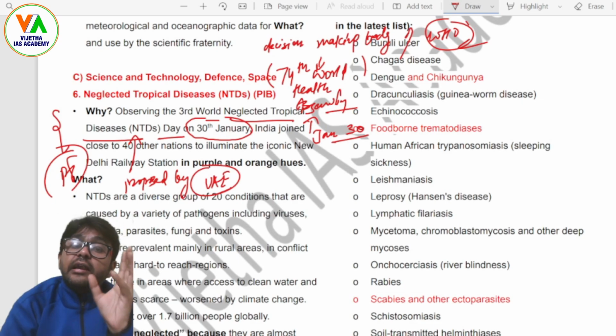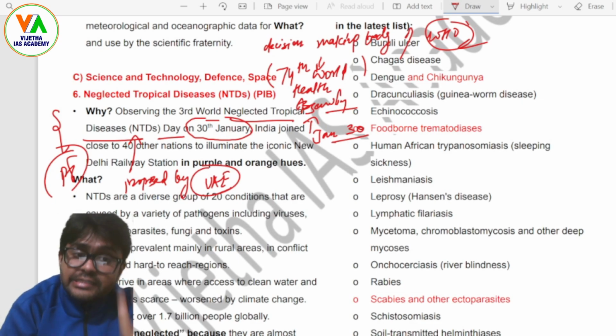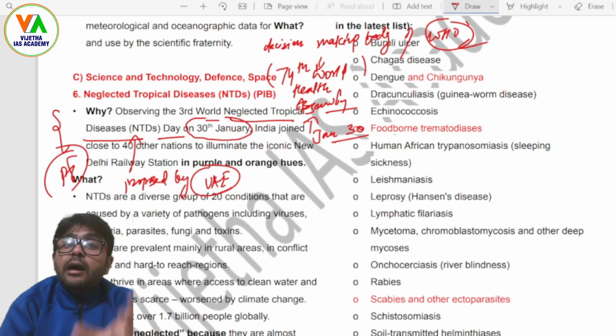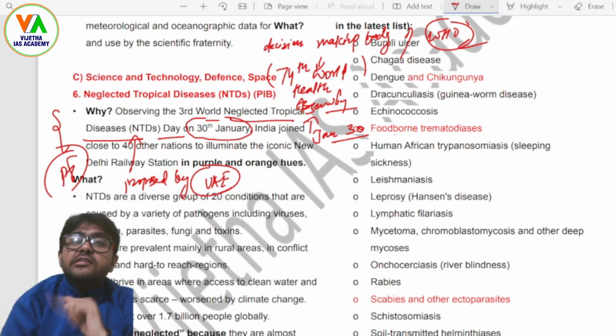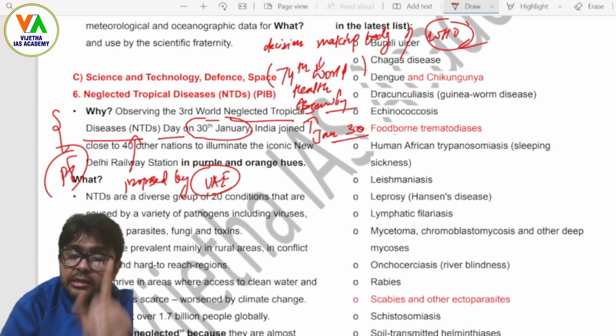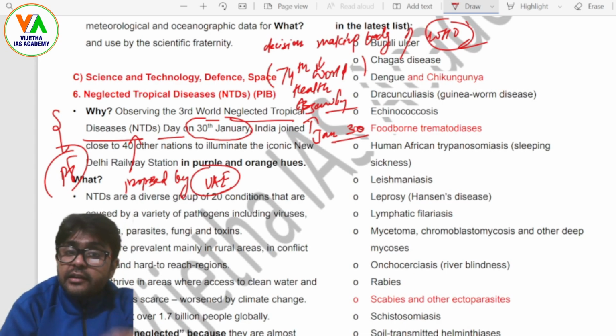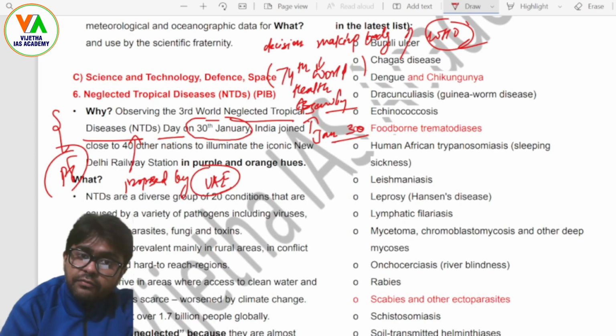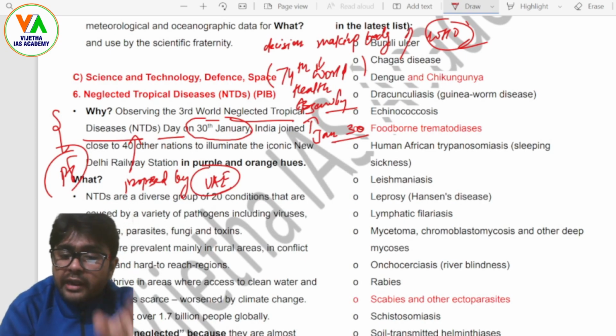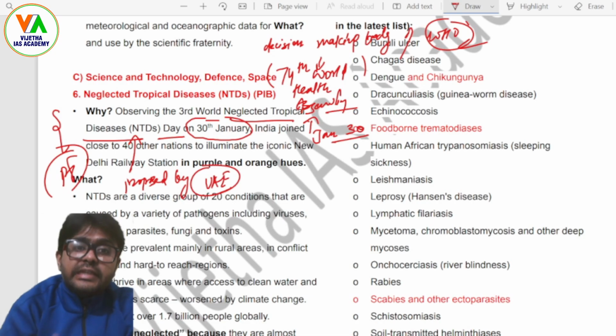That means it is a group of infectious diseases most common among the marginalized communities, not all communities, because marginalized communities have limited access to health care, and their data are not very highly collected, because they do not come into the light of the medical practitioners and the people who are collecting this data through the institutional mechanisms, right?